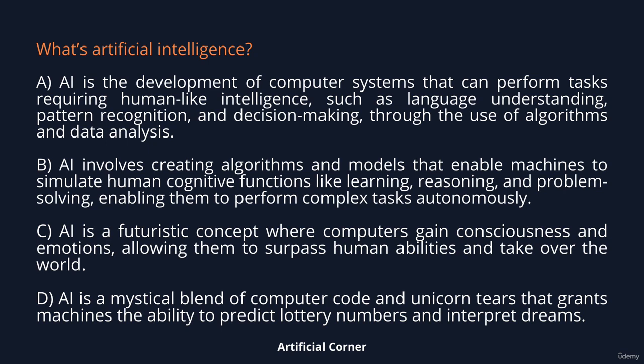And then we have D: AI is a mystical blend of computer code and unicorn tears that grants machines the ability to predict lottery numbers and interpret dreams. Well, that one doesn't make any sense. So as we can see, if we rank this from best to worst, we'll have first A on top as the best answer, then B, then C, and then D. And D will be the worst answer.